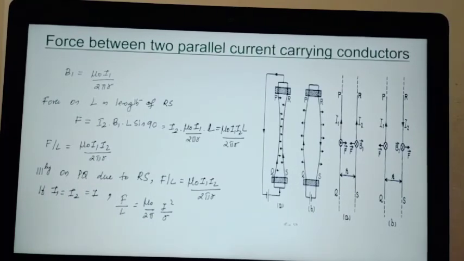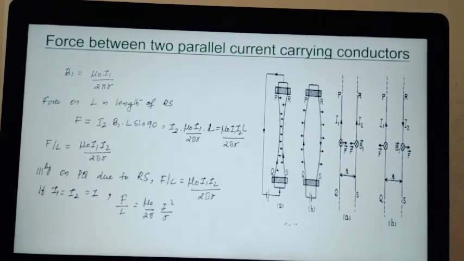Then PQ is having a current I1, so L length of PQ will experience a force F is equal to I1 into B2 into L sine 90. That is I1 into mu 0 I2 by 2 pi R into L, that is mu 0 by 2 pi I2 I1 L divided by R. When you are calculating F by L, that remains mu 0 by 2 pi I1 I2 by R.